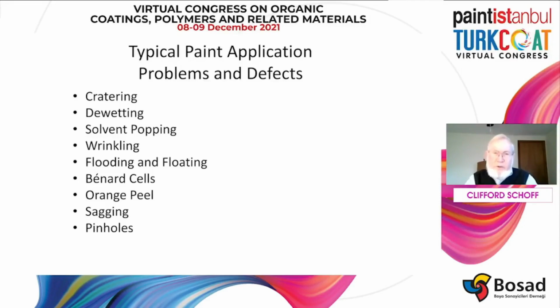Sagging with liquid paint gives sag marks. We especially ran into problems with sagging with high solids coatings. They would not sag when you applied them, but they would sag when they were baked. And then pinholes, which can be a form of cratering or solvent popping, or air inclusion.